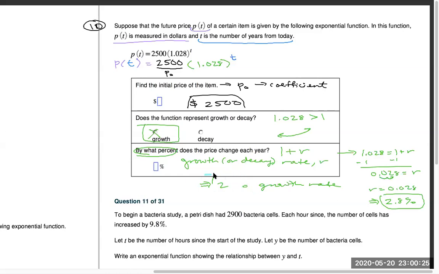Let me erase this. Okay, so this should be 2.8%. Sorry about that. I would actually recommend doing that just so that you don't mess that part up.